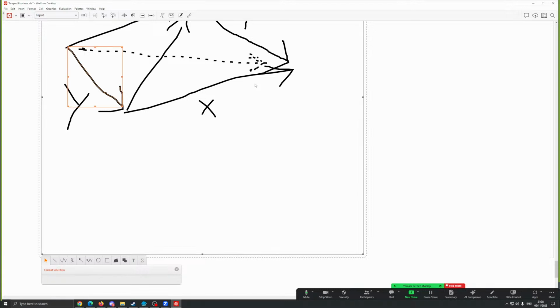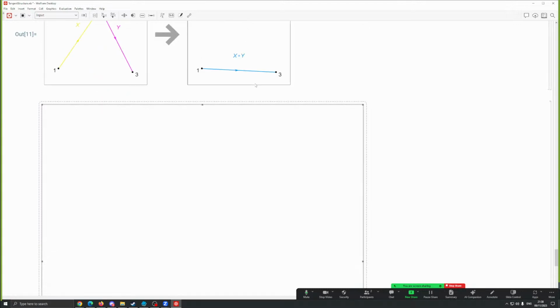So the thing is, in some vertices, I think, okay, so if you have vertex 1, vertex 2 for x, x 2, 1 goes to 2.